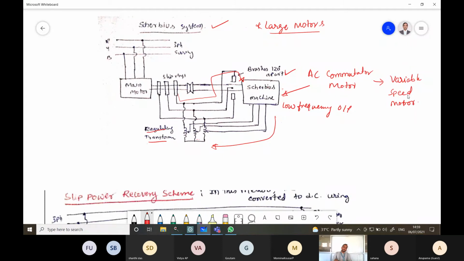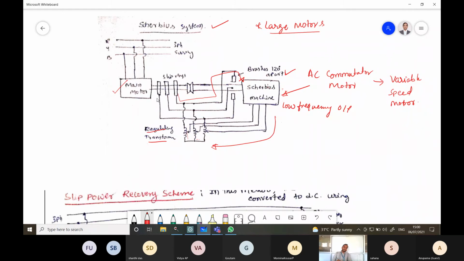Its speed is controlled either by varying the tappings of the regulating transformer. Here is the variable transformer, like an autotransformer. If you vary this knob, the speed control can be achieved in the Scherbius machine, and similarly in the main motor, because it is injecting back into the main motor rotor circuit.